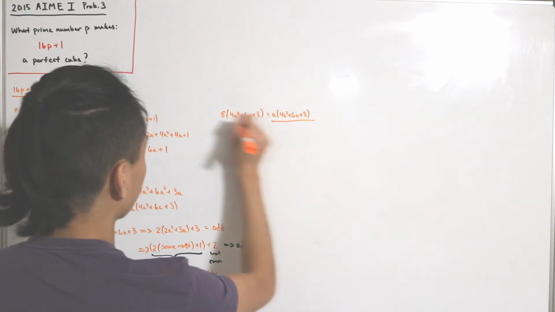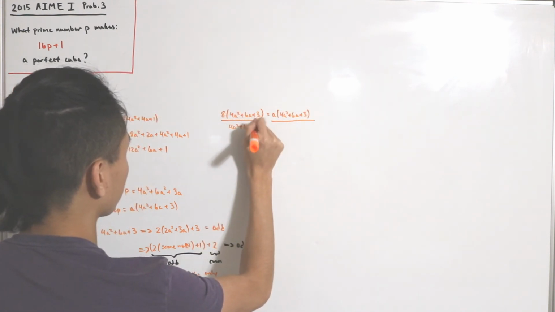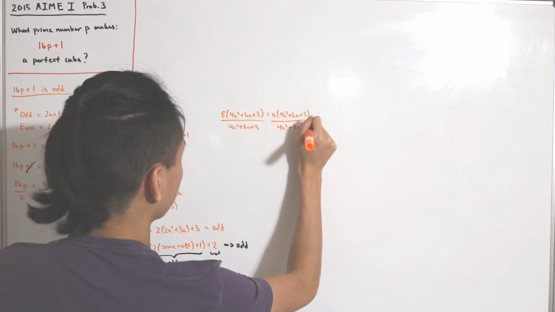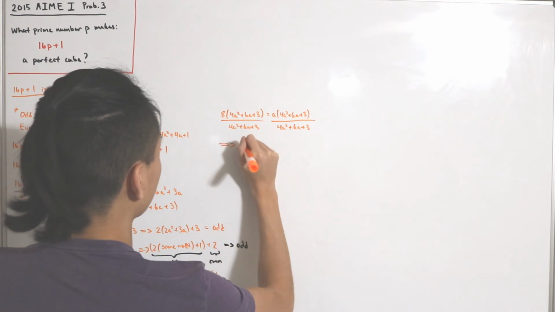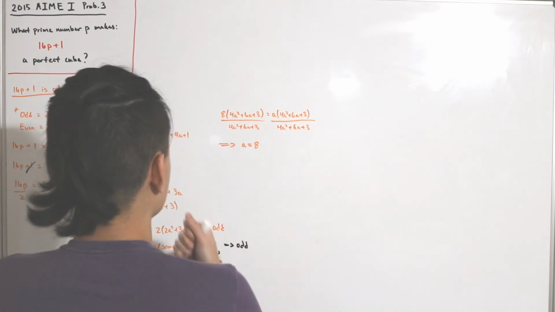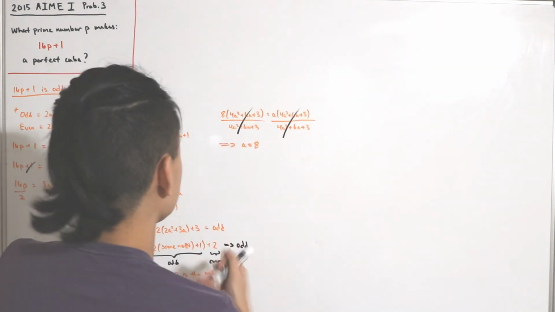I can divide both sides by 4a squared plus 6a plus 3, and we get that they cancel. So this cancels and this cancels, and we're left with a equal to 8.